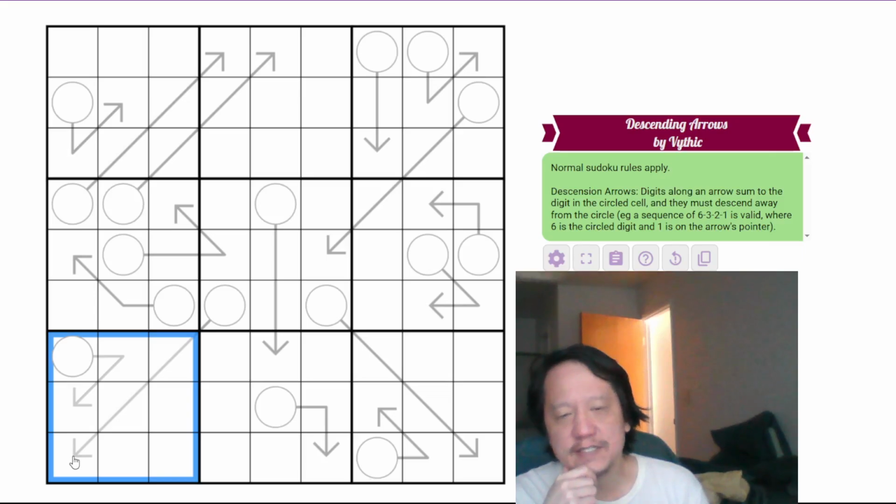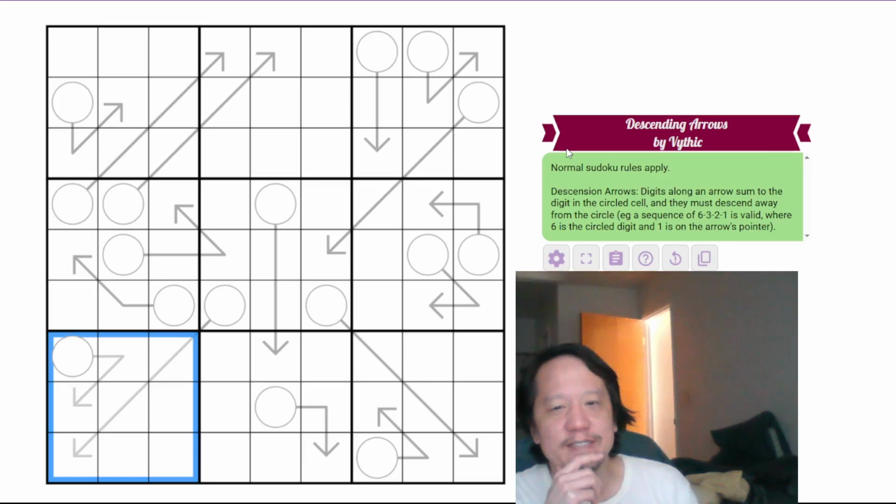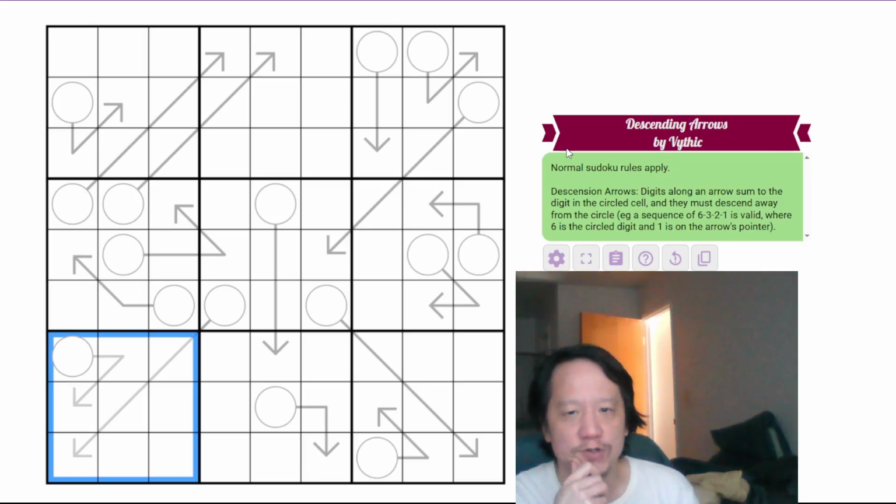We have descension arrows, or descending arrows, I guess, where digits along an arrow sum to the digit in the circled cell, sorry. And they must ascend away from the circle.